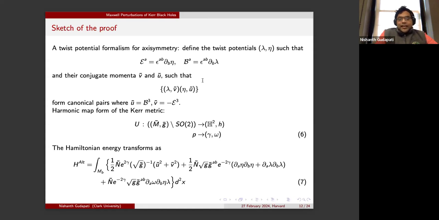And if you write down the ADM Hamiltonian variational principle in terms of these dimensionally reduced twist potential variables, you will get this H alt, right? And you can clearly see that the problem doesn't get resolved just by doing that. You can see the final term there. It has an ambiguous sign. It has indefinite signs. It has the same problem as before.